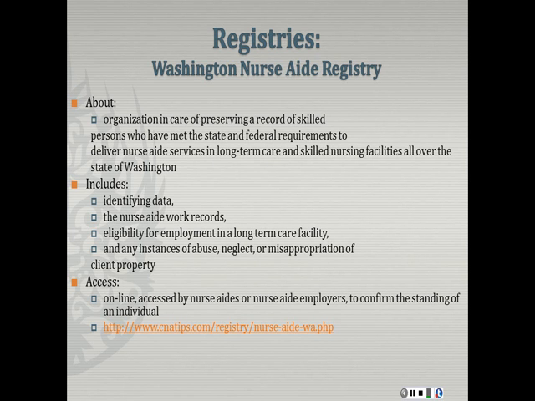Usually it's only accessed by the nurse aides or nurse aide employers, so that they can confirm their standing as to if they have any problems, if they've abused, neglected, if their licenses are still good. And I put here the web address that it can be accessed at.